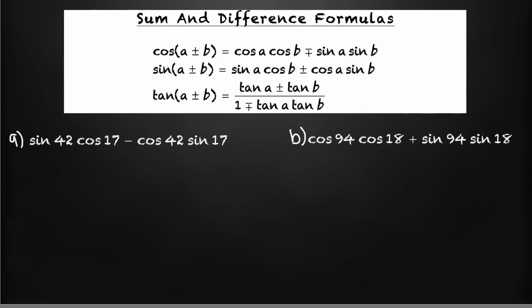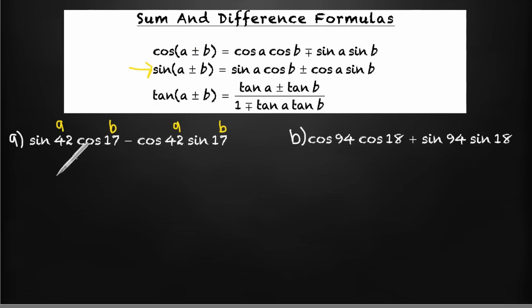So you're going to want to look at the formulas and see which formula matches up perfectly with this. This looks like sine of A cosine of B minus cosine of A sine of B. And so that looks like it is going to be this formula right here.